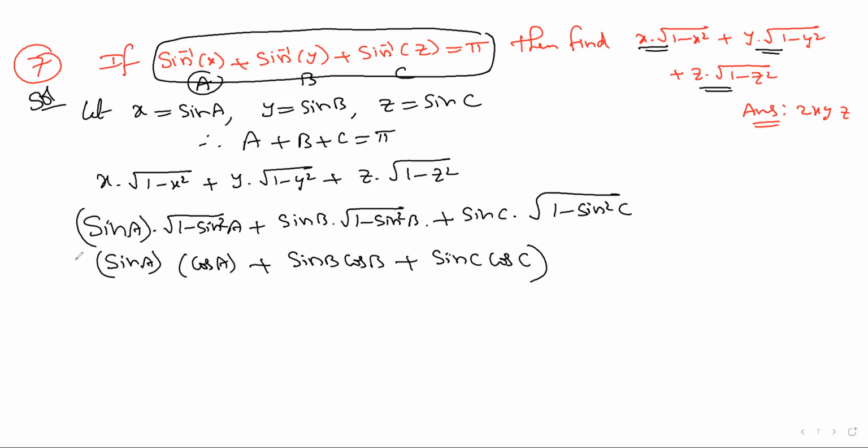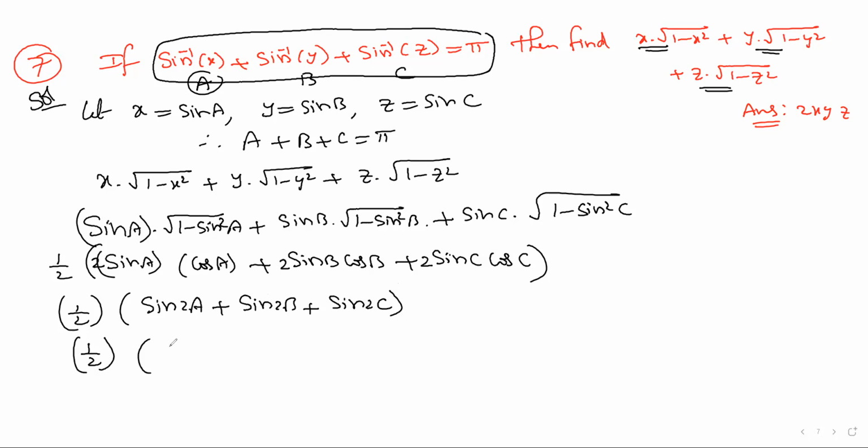Here divide and multiply with 2. Why? Because we have one formula: 2 sin A cos A, 2 sin B cos B, 2 sin C cos C. 2 sin A cos A we have the formula sin 2A. 2 sin B cos B we have the formula sin 2B. And sin 2C. Okay, we know that sin 2A plus sin 2B plus sin 2C, one transformation, one formula is there.